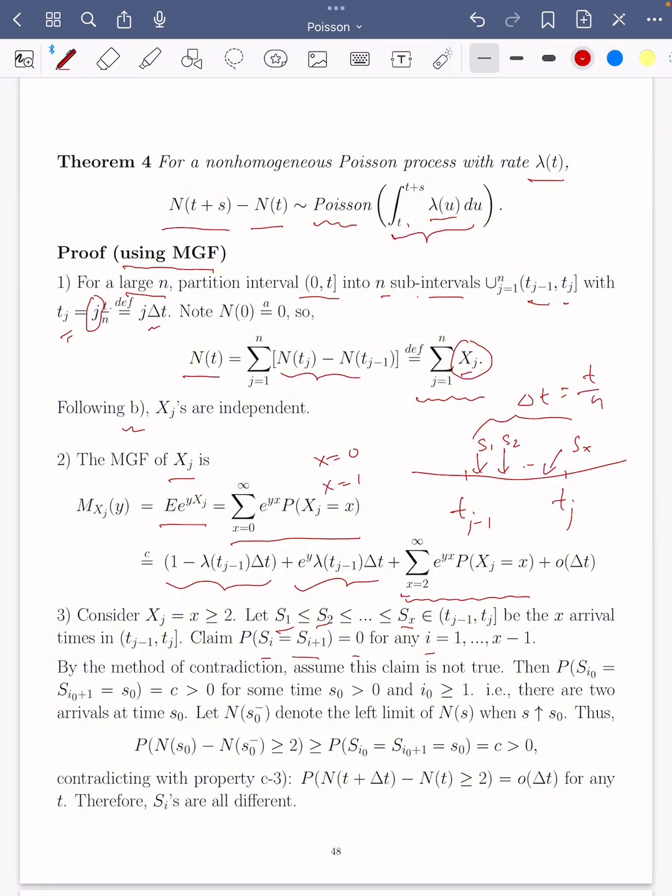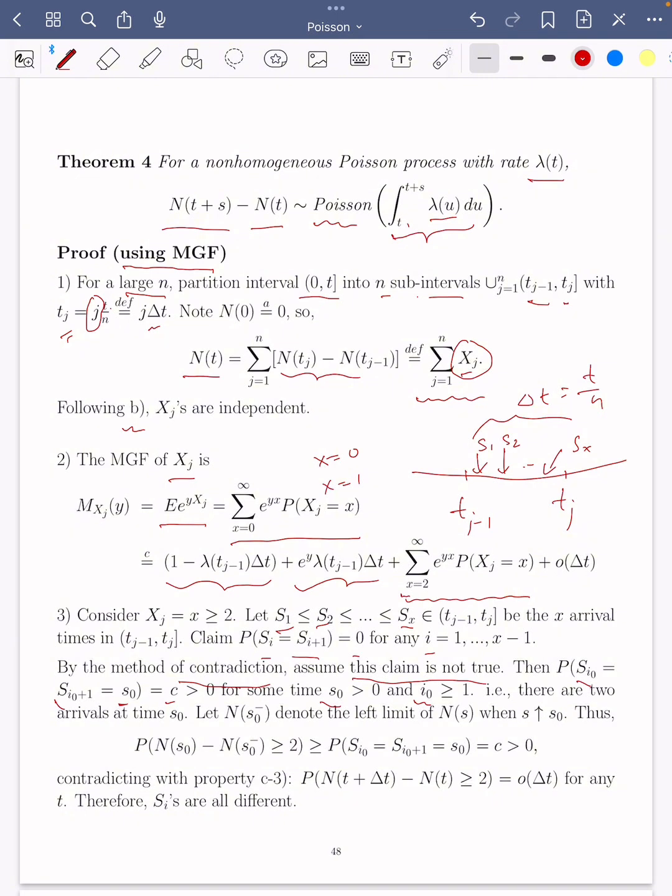So now we use the method of contradiction. Assuming that this claim is not true, then there exists a time s0, also an integer value j0 bigger than or equal to 1, so that the chance that S_{i0} equals S_{i0+1} equals the number s0 is equal to a constant c, which is bigger than 0.